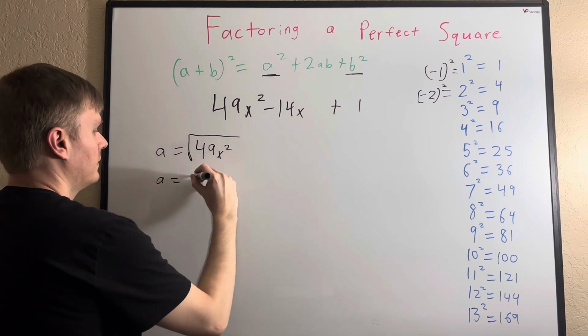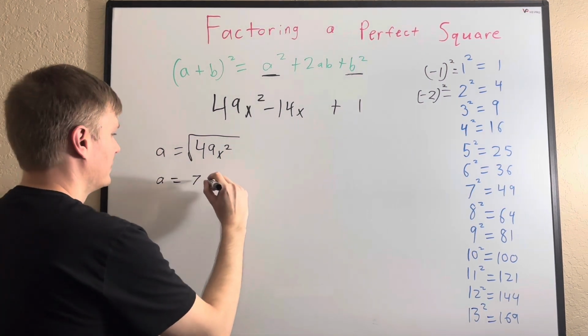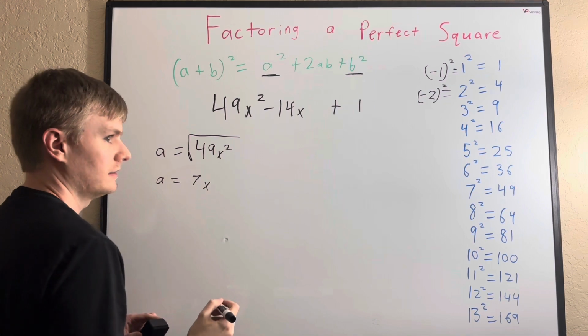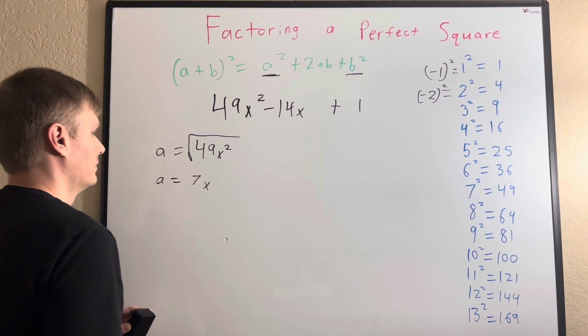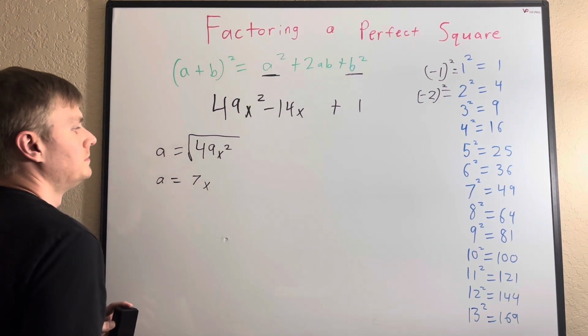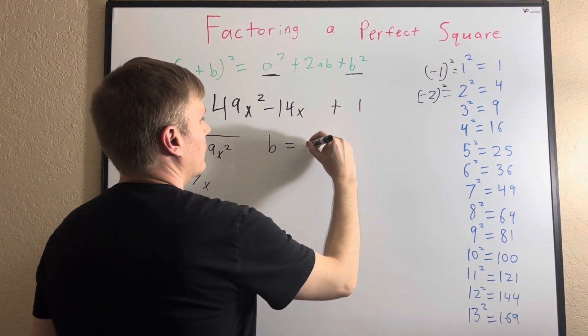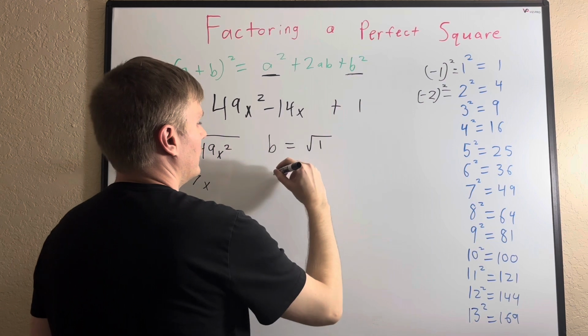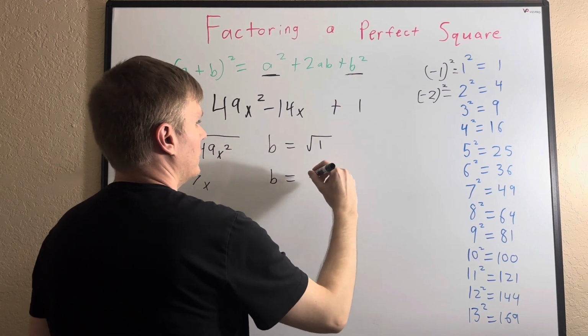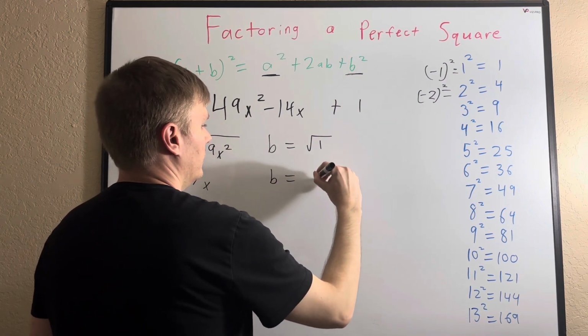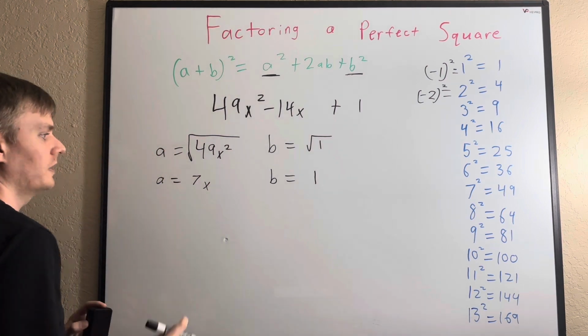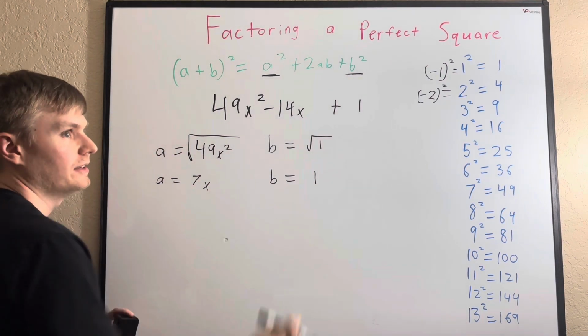Square root of 49, 7. Square root of x squared is just x. B is the square root of 1. Okay, so B is 1. We'll go with the standard, which is the positive.